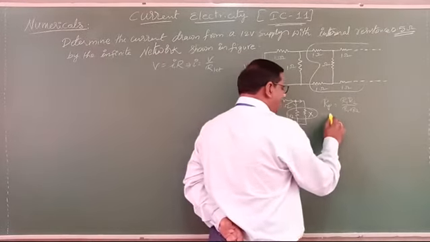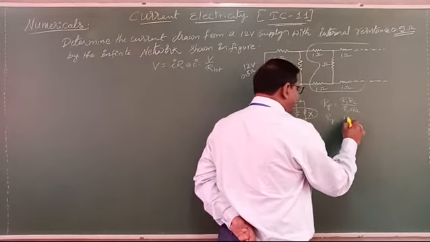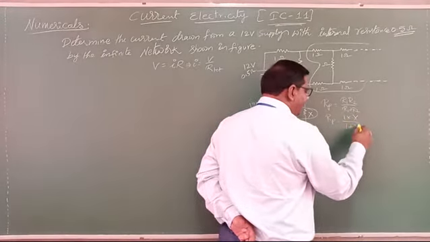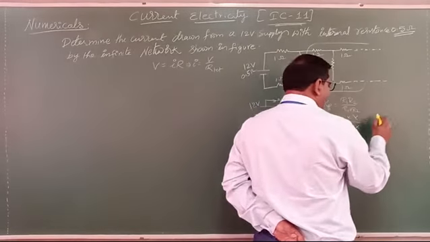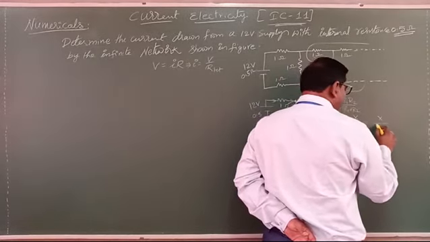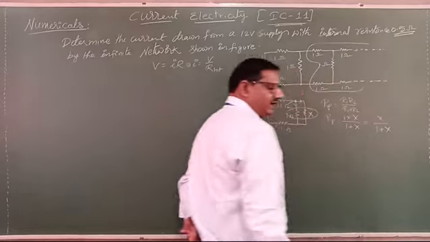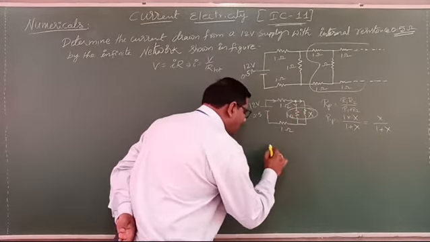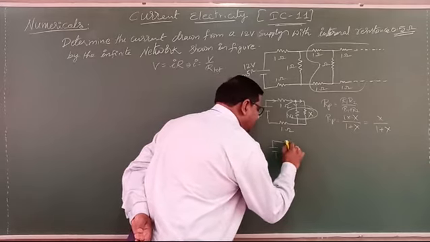So what can you write now? Rp equal to 1 into X by 1 plus X. So finally X by 1 plus X. You can write like this. Instead of these R, now I will draw one more circuit to understand easily.